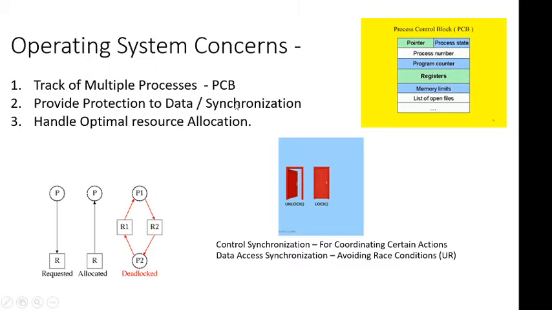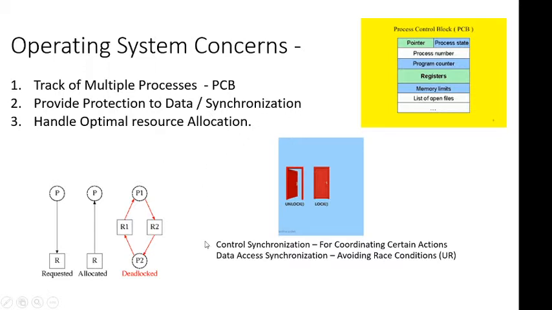So for now we're going to see how to protect data when one process is using it, so that another process does not interfere and spoil the data, and you have unexpected results. So such unexpected results are called race conditions. So the process of protecting such data from interference from other processes is called synchronization.